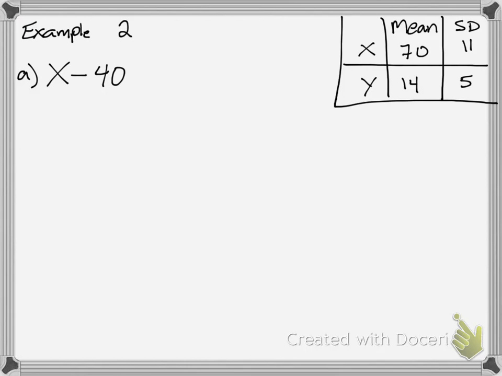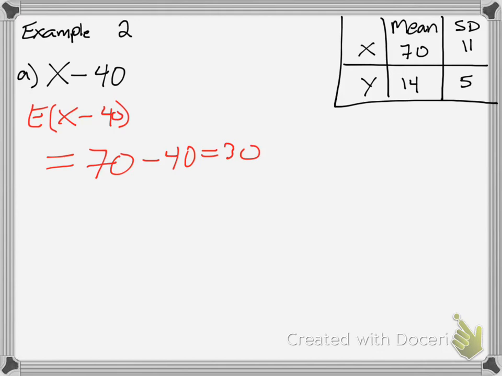Remember, we're subtracting a constant, so our expected value of X minus 40 is just our mean of 70 minus 40. That just gives us a 30. I forgot the 40 up there.